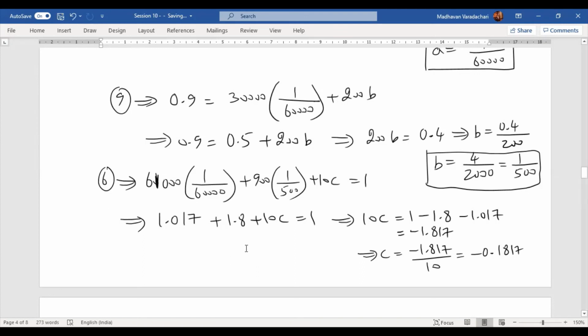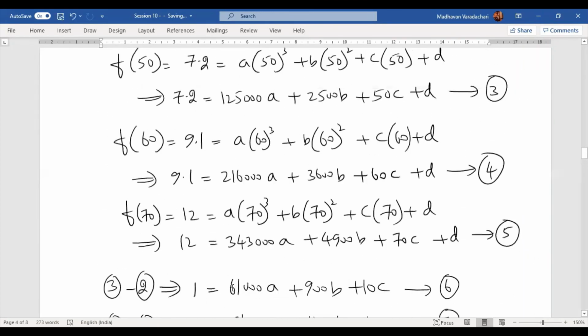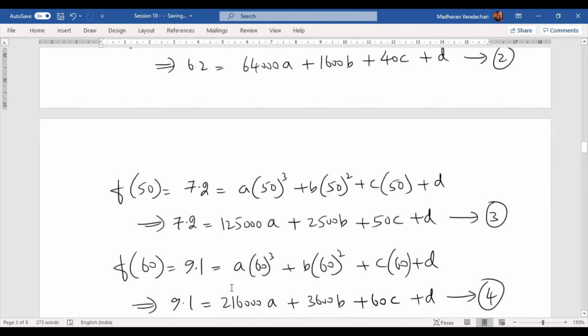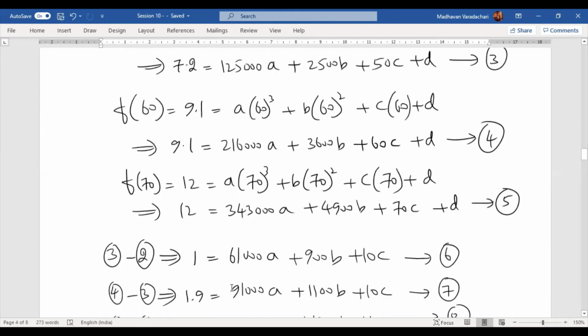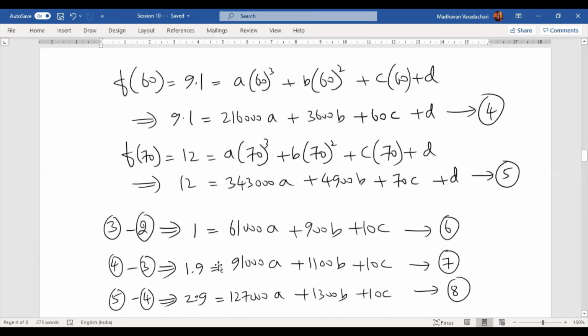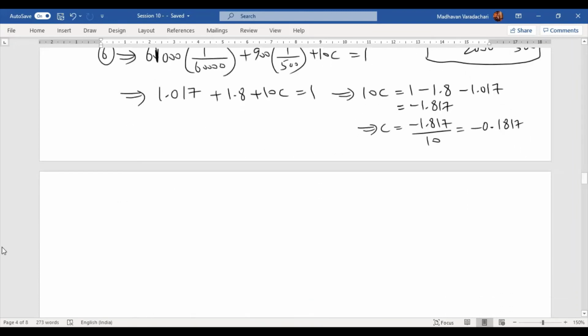Right. Now we got A value, B value, C value. We can find out what is D value. Use the very first equation. Which one I can use? I can use fifth equation. 12 equal to 343,000 times A. What is A?